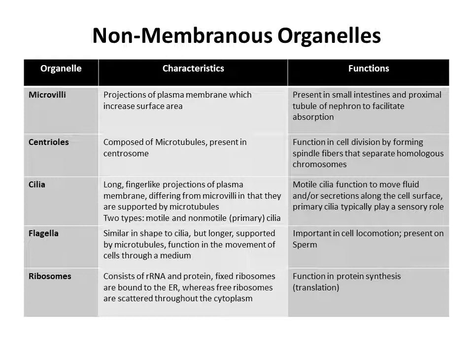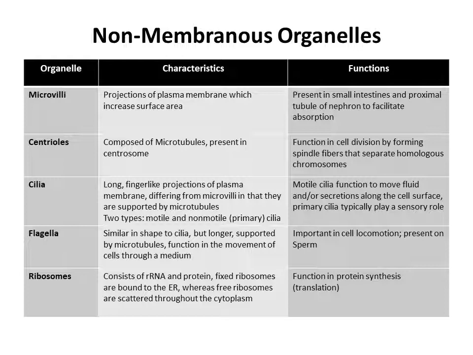They are present in the small intestines and proximal tubule of the nephron to facilitate absorption. As for the centrioles, they are composed of microtubules and they are present in the centrosome, and their function is that of their involvement in cell division by forming spindle fibers that separate the homologous chromosomes.